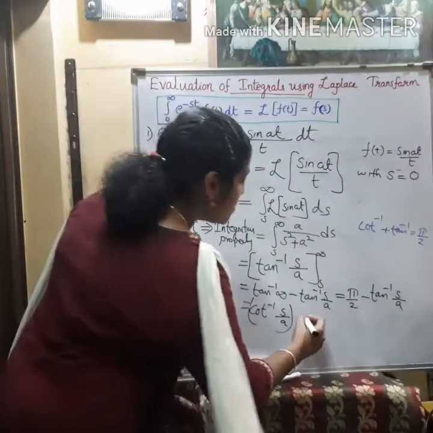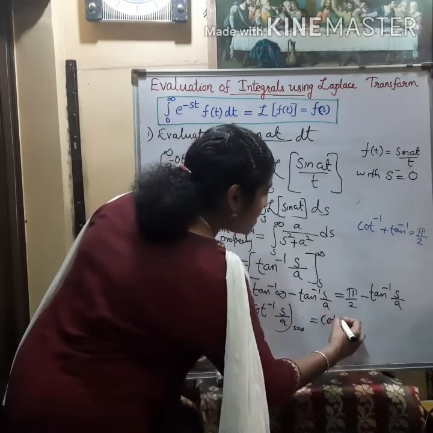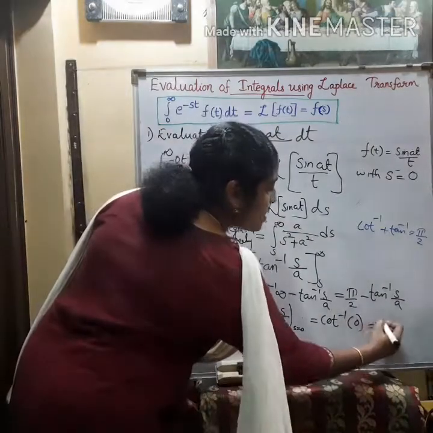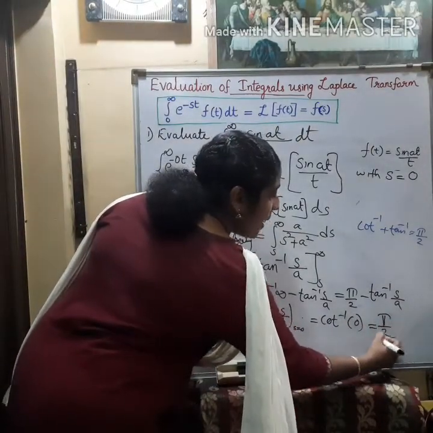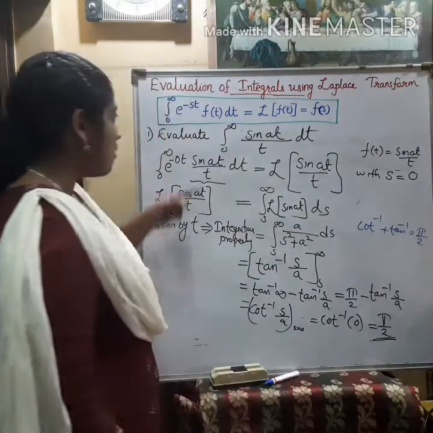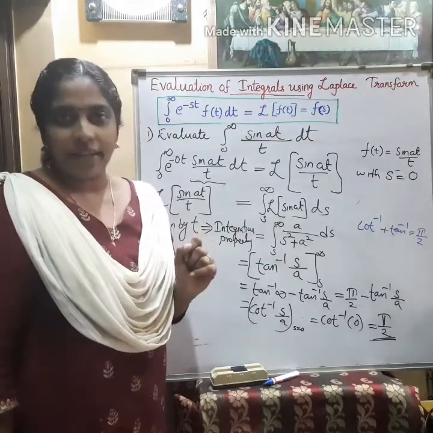S equal to 0. Okay, with s equal to 0, then we are getting cot inverse 0. What is cot inverse 0? For which value is cot 0? Pi by 2. Okay, so we are getting the answer of this integral 0 to infinity sin at by t as pi by 2.